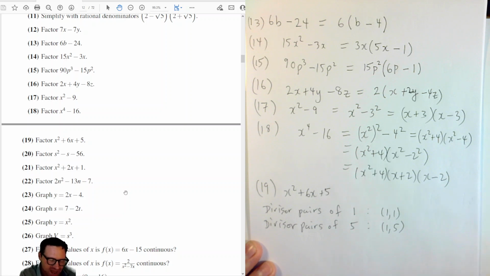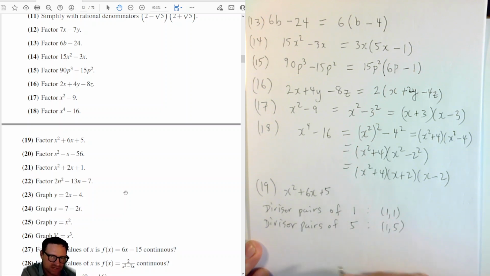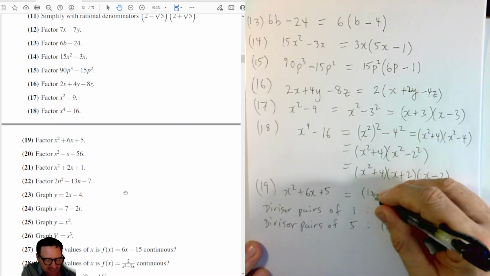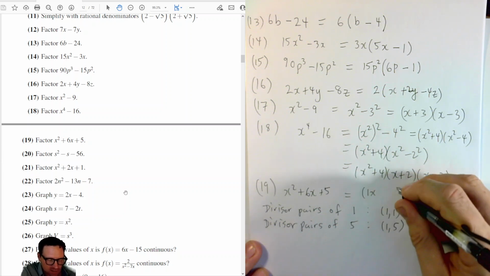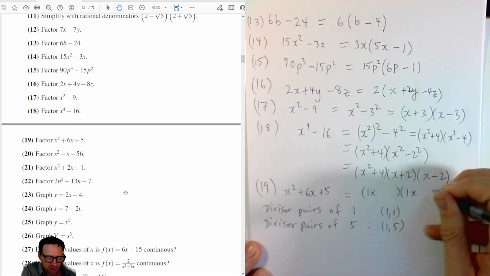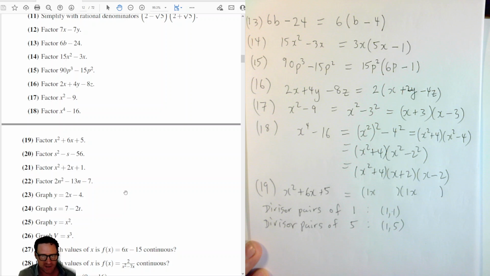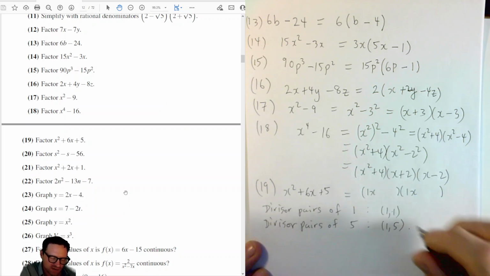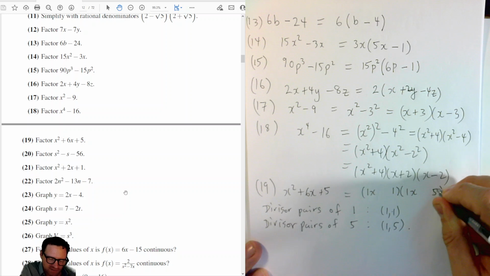Okay, so what we want to do now is work out which one to put with which one, but it's very easy here because we just take 1 times x for one of these and 1 times x for the other one. So I put my brackets in first, I put the x in, and then I decide where to put these numbers. Since there's only one divisor pair of 5, I'll just put a 1 here and a 5 here.